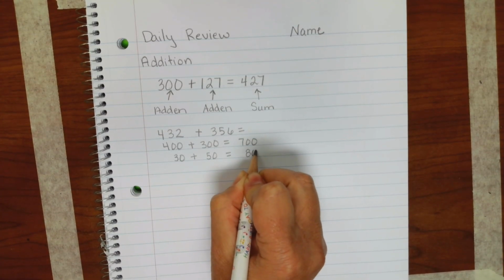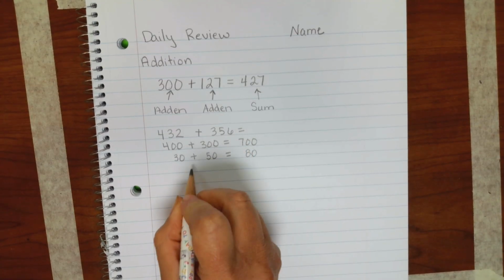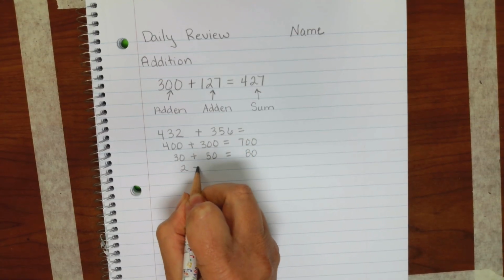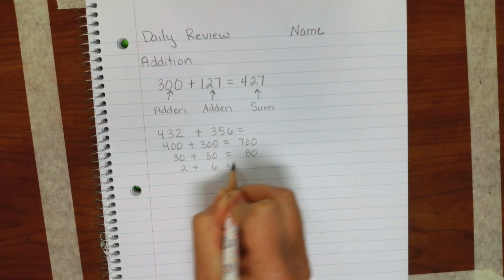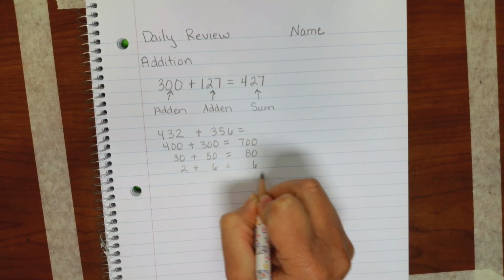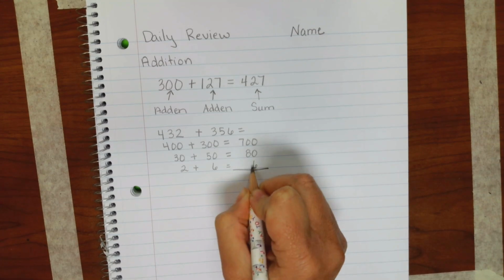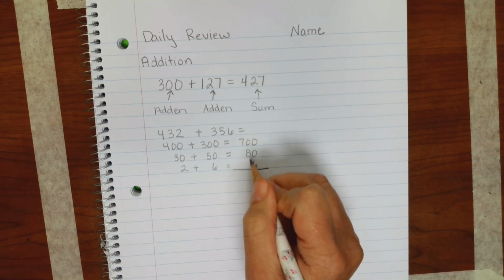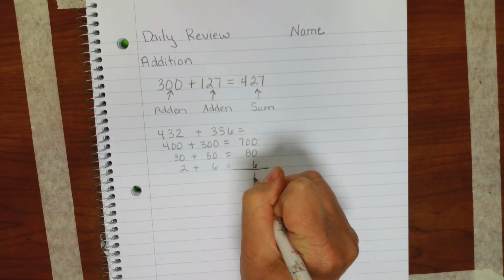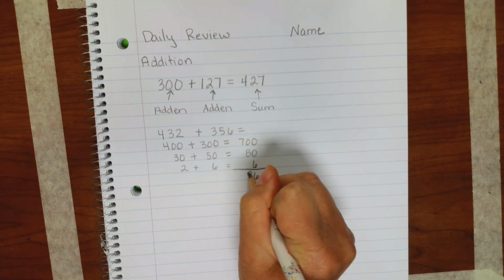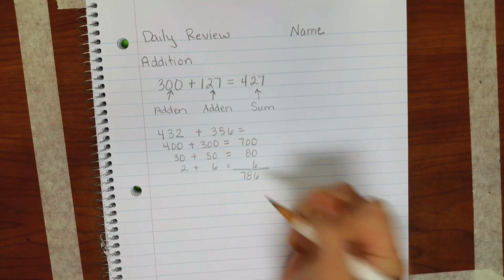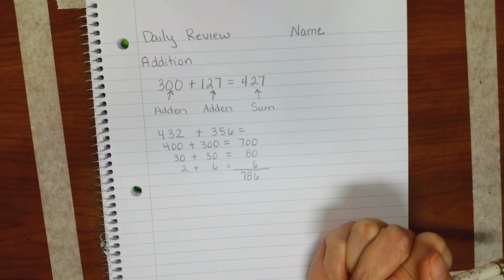Make sure you're lining up your digits. And then we have 2 plus 6 equals, and this is going to be in my ones place. So when I have all my partial products, I'm going to add them together, and I'm going to get 6, I'm going to get 8, and I'm going to get 7. I hope you got that question correct.